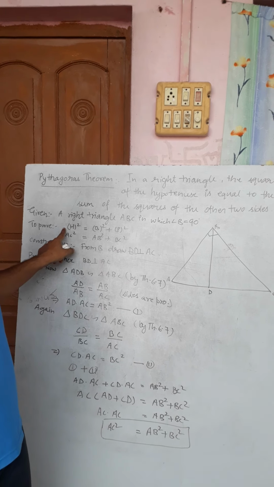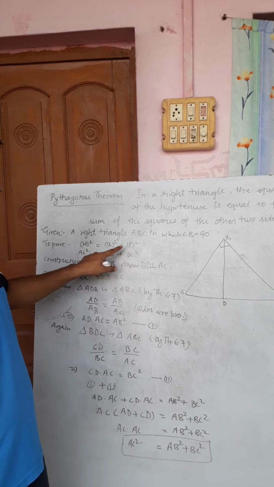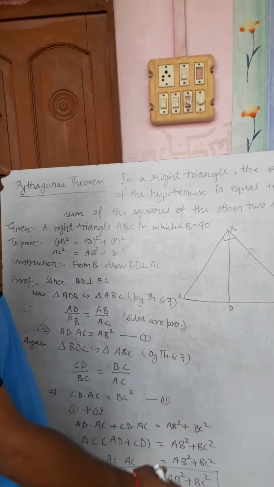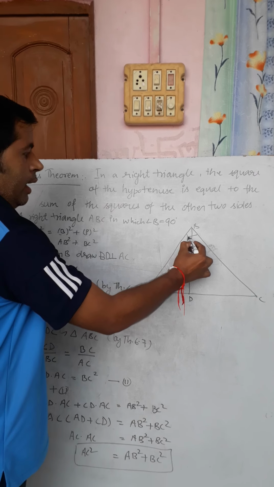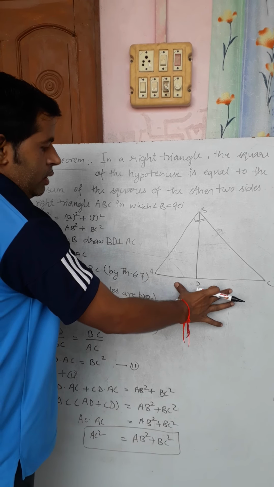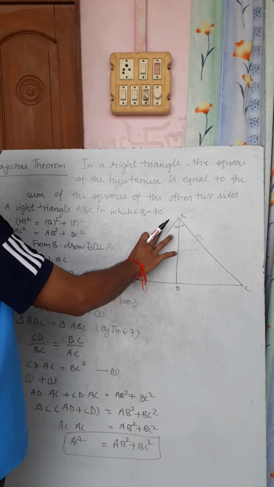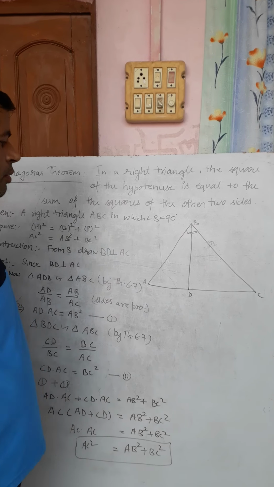So hypotenuse square equals base square and perpendicular square. Here is 90 degrees, so opposite to 90 degrees is the hypotenuse, so hypotenuse is AC square. So AC square equals AB square plus BC square.